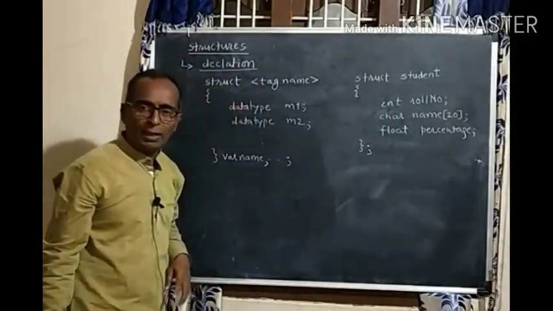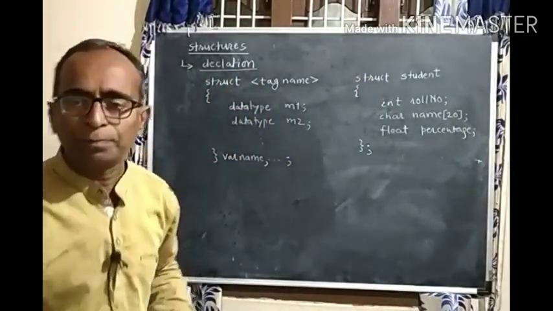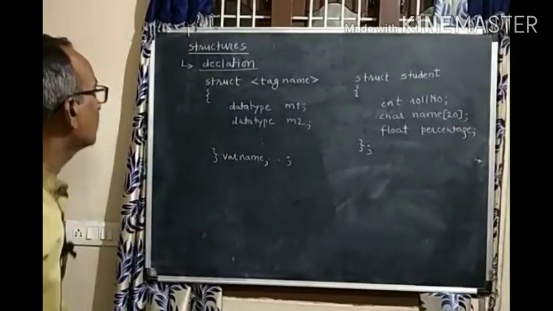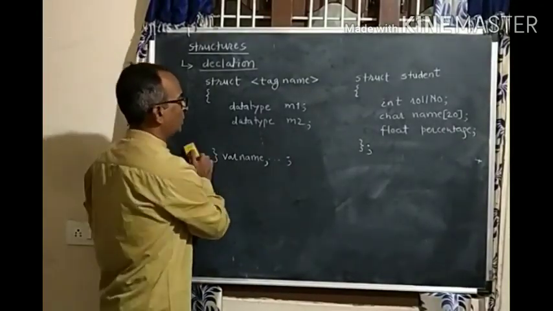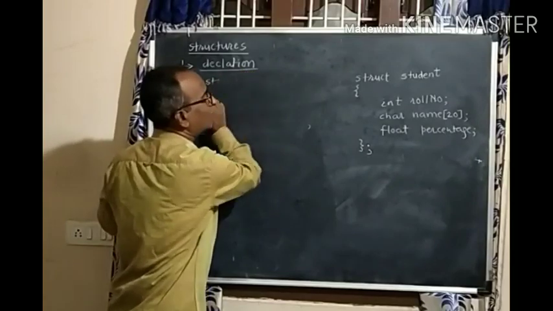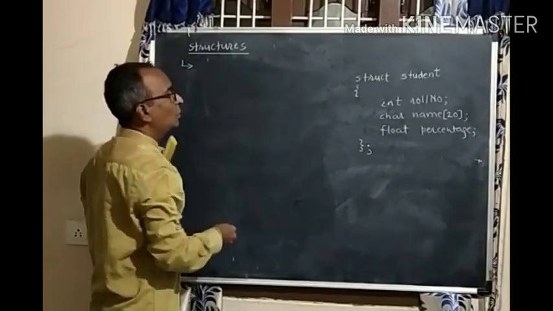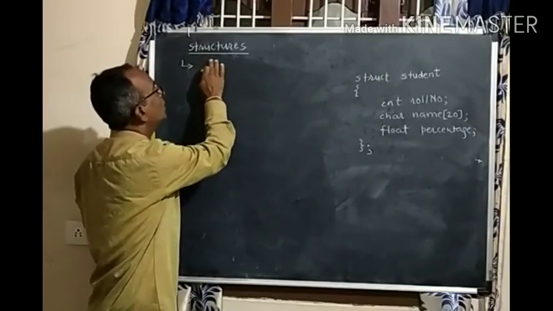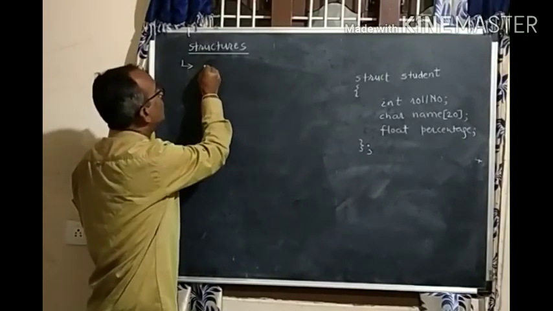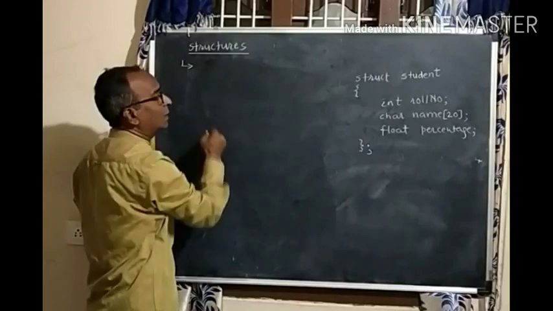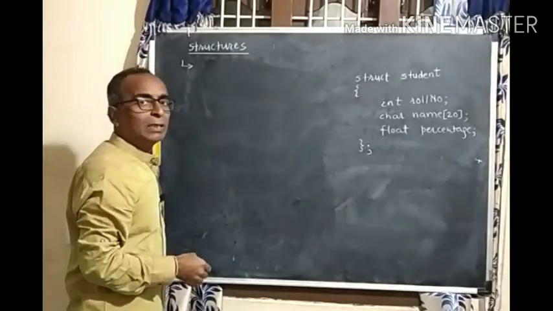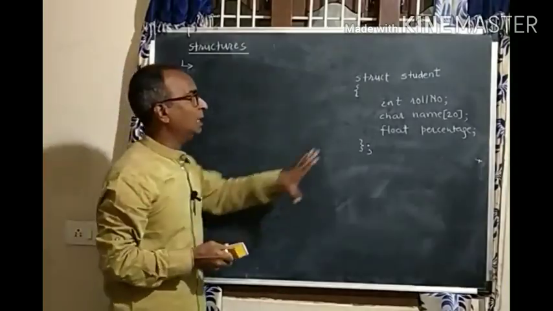So how we can use these structures? This is declaration. How to define variables? How we can create variables? This is now a type.